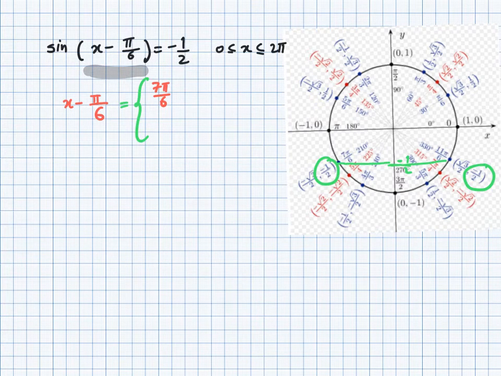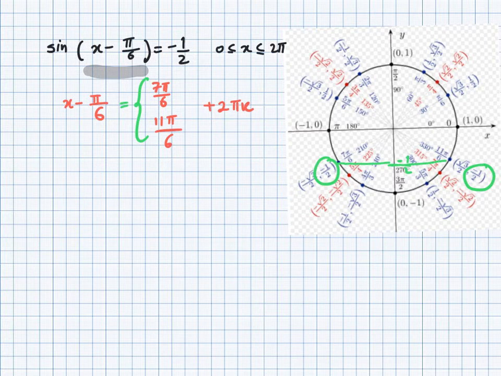Okay, so it is equal to 11 pi over 6, which is this one here. Okay, and again we're gonna just add plus 2 pi k.